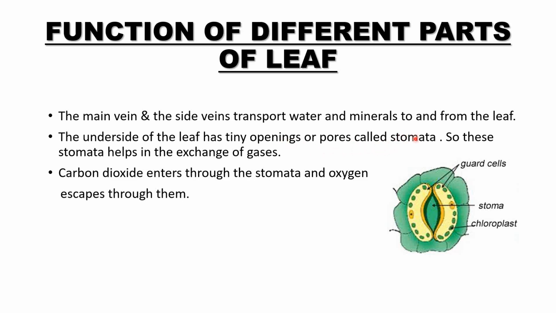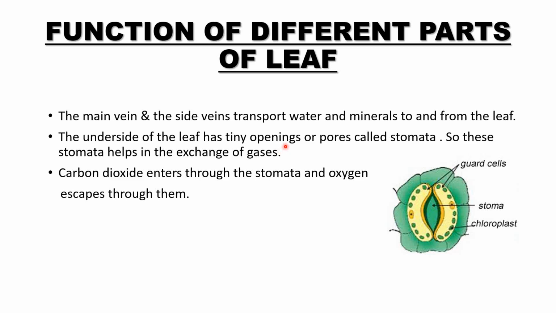Actually, they help in the exchange of gases. In the same way, you breathe in and breathe out gases through your nose. That's how you breathe. So in the same way, the leaf also exchanges gases through these tiny pores or openings.